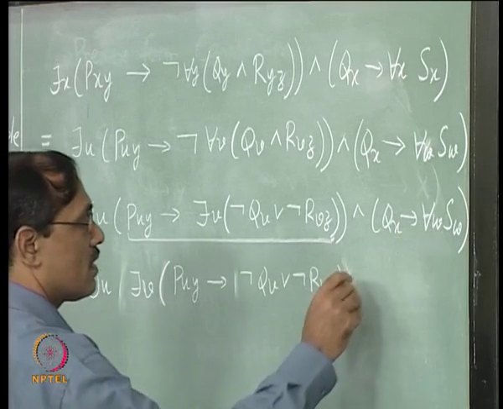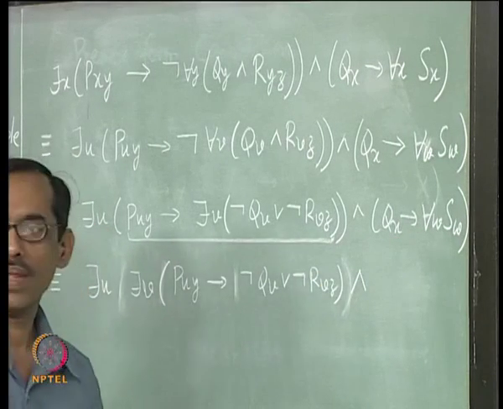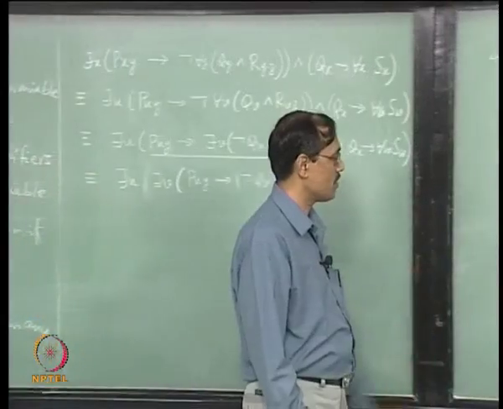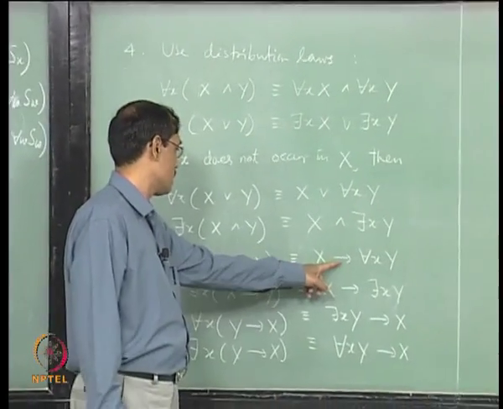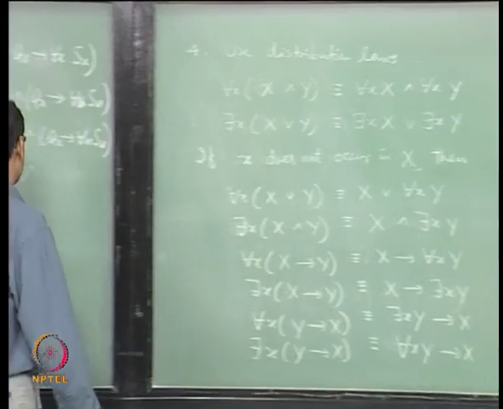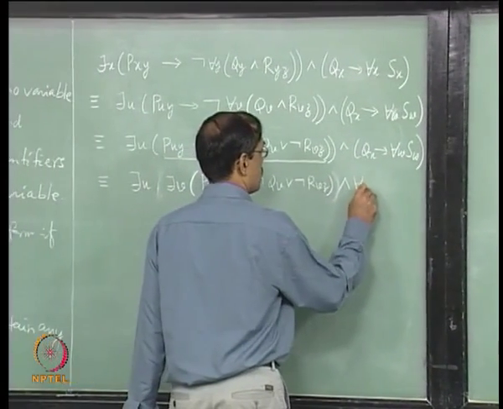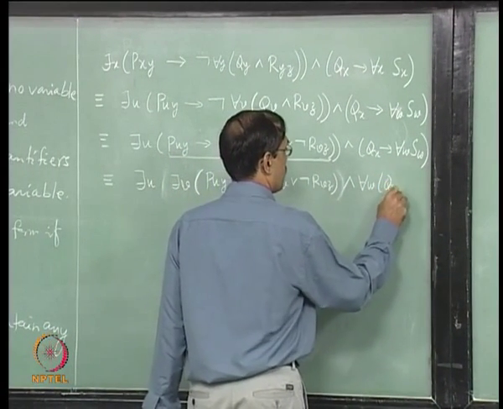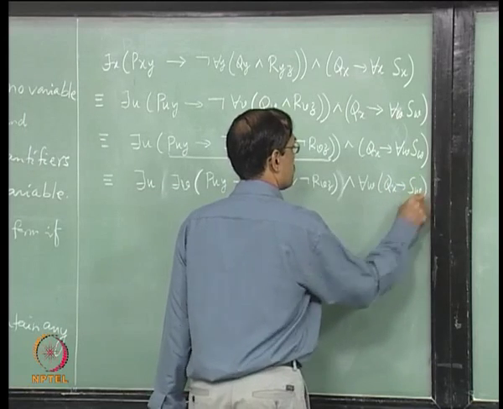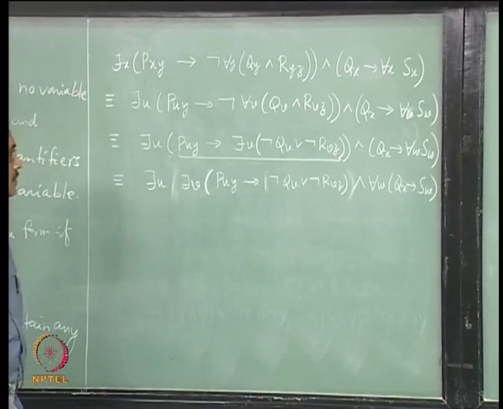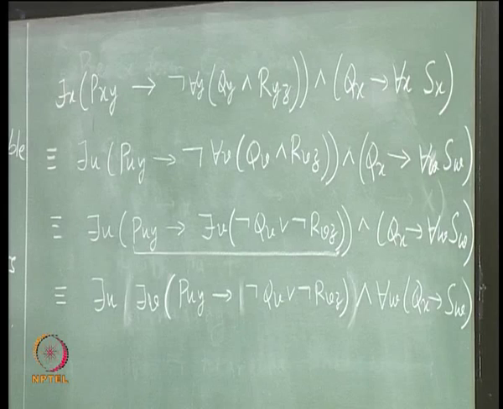Then what about here? It is in the form x implies for each like this. So, that will be for each w, q x implies s w. Okay.